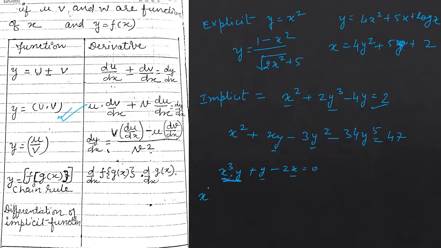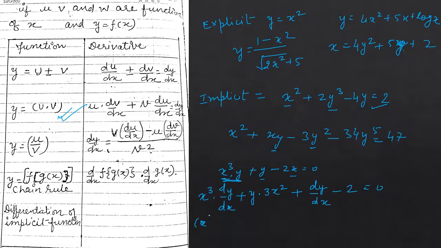So the first term x cube, differentiation of y is dy by dx, plus second term y, differentiation of x cube is 3x square, plus differentiation of y is dy upon dx, then differentiation of 2x is 2, this is equal to 0, and then we can solve it for dy by dx.